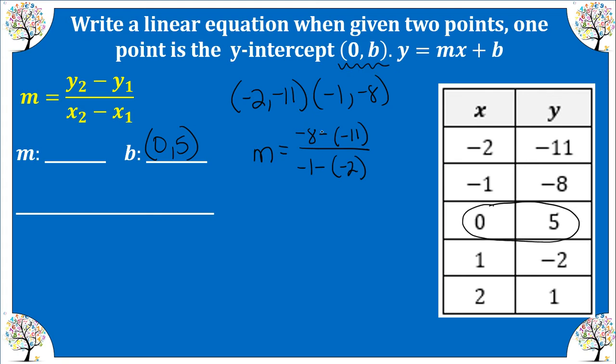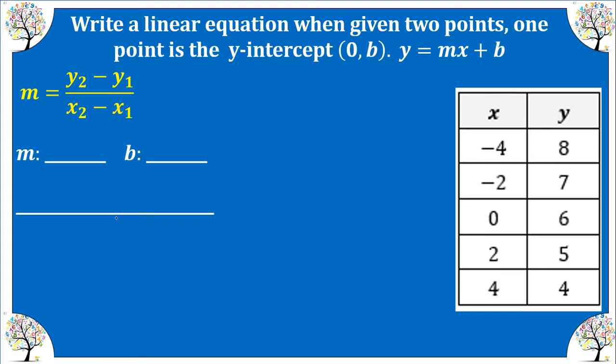And then I like to do keep, change, change. And again, you can use calculators in this unit. So this is going to give a change of 3. And then this is going to be a change of 1. So our slope simply is just 3. We put that together and we have y equals 3x plus 5.